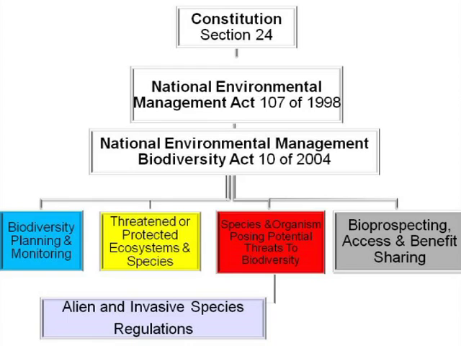We also have the National Environmental Management: Biodiversity Act, better known as NEMBA, of which Chapter 5 speaks to the management of invasive alien species. I will later talk to the recently published regulations, which are aligned to Chapter 5 of the Act.